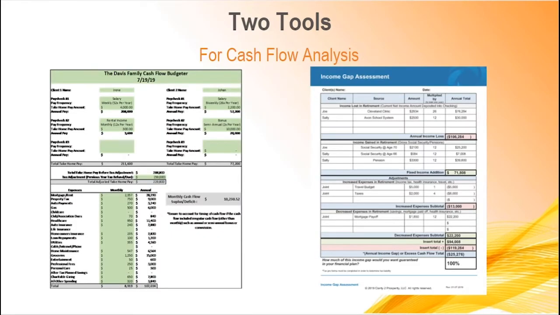To achieve the cash flow analysis, Clarity to Prosperity has developed 2 different tools that you can use to help guide you through the cash flow analyzer. On the left-hand side, you're going to see a tool called the Cash Flow Budgeter.